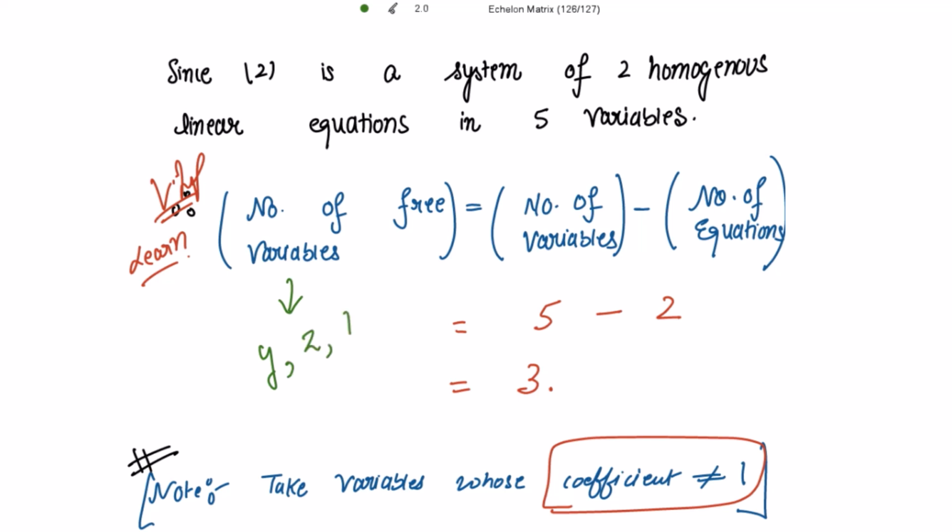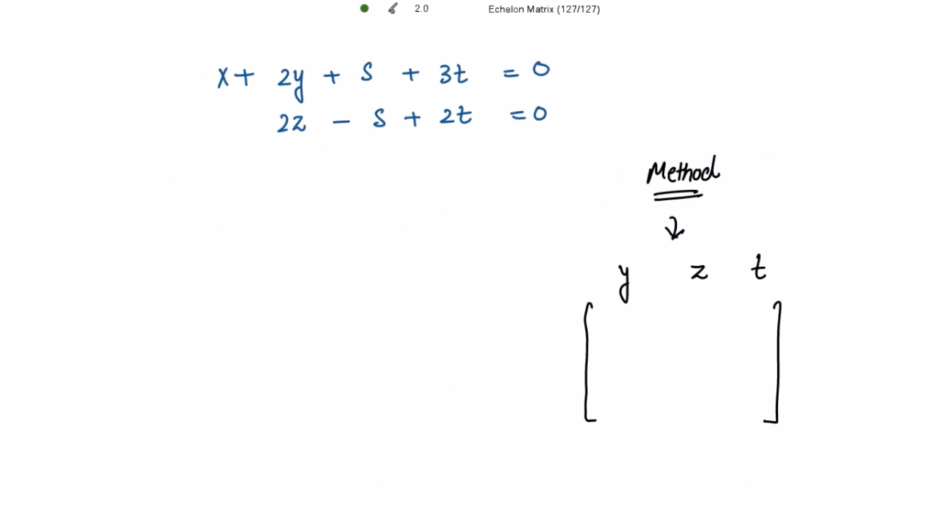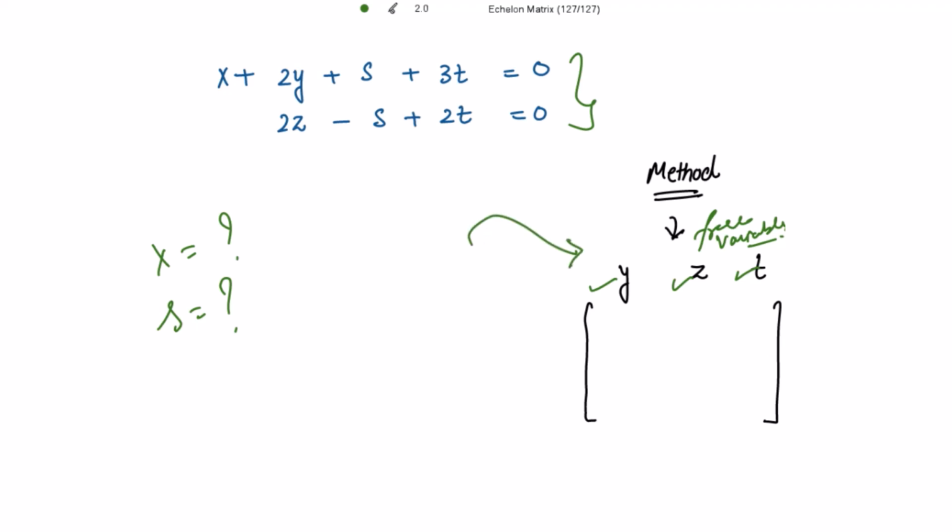We have chosen y, z, t as the free variables, and now we need to get the values of x and s from these three variables by giving them certain values. Now, how to give the values to these three variables?